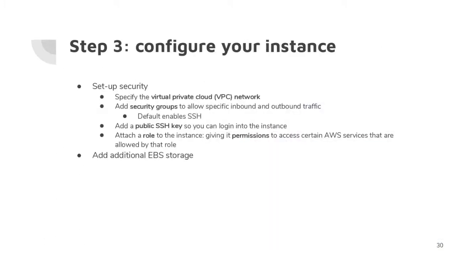Then you configure your instance. So most of the configuration is about security. So you specify the virtual private cloud network, and you add a security group, which is a kind of firewall. You add a public SSH key, and you attach a role to it.